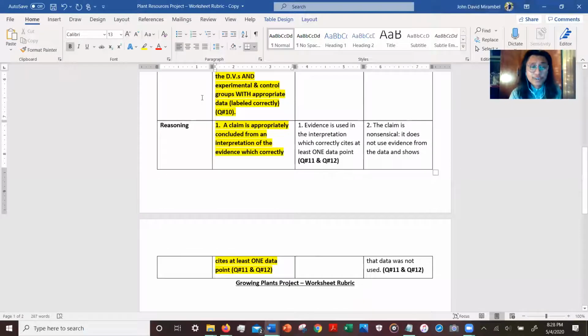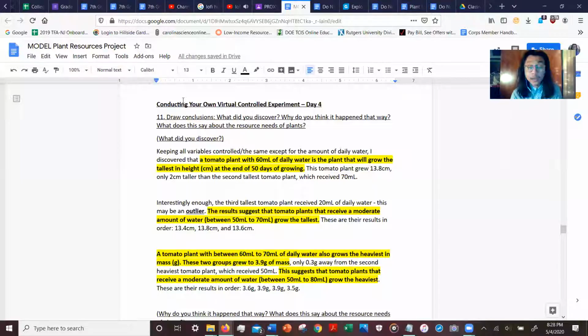Lastly, it's our friend reasoning. Reasoning has to at least use one piece of data from your data tables in your interpretation of that data. This means for question 11, I need to see you using the numbers from your data tables, and these numbers should be correct, and you should interpret those numbers, meaning you should tell me what those numbers mean.